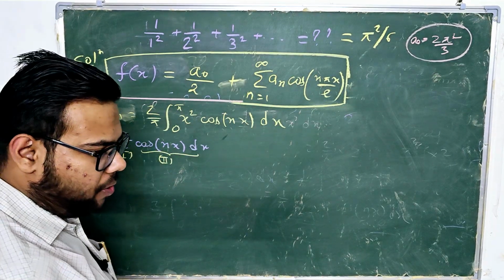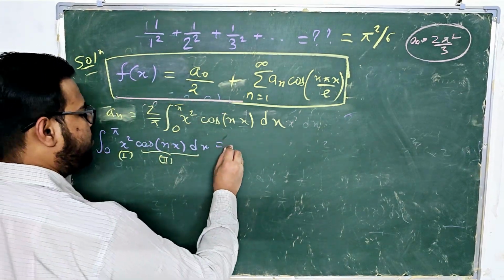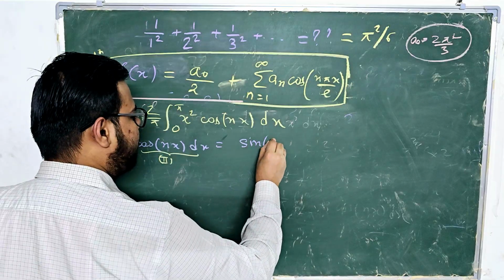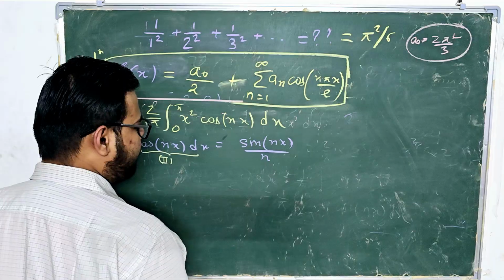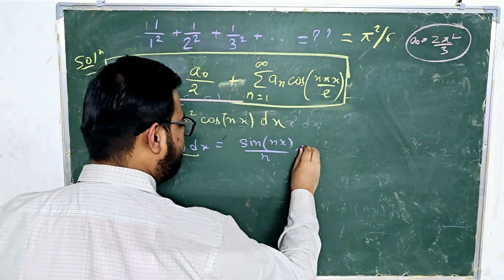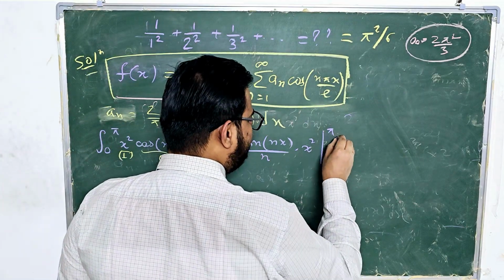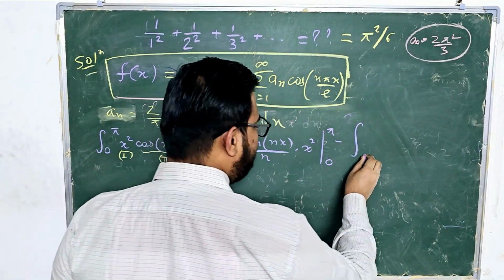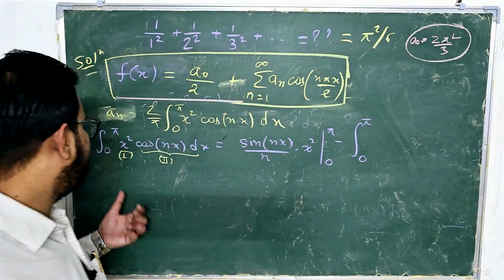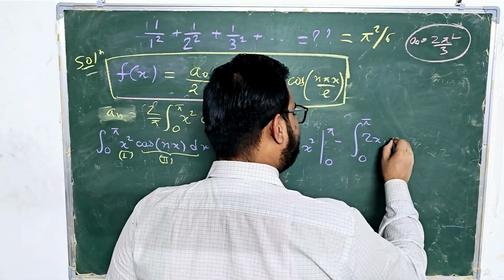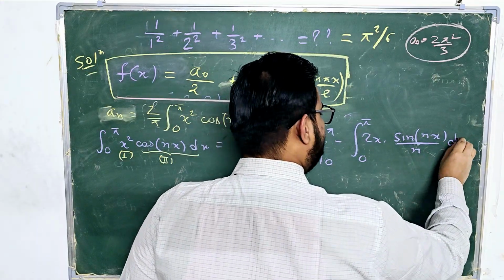What is the integral of cos nx? The integral of cos nx is sin nx by n, right? So by the rule we will get sin nx by n times x square evaluated from 0 to pi, minus this integral 0 to pi, the derivative of x square is 2x times sin nx by n dx.